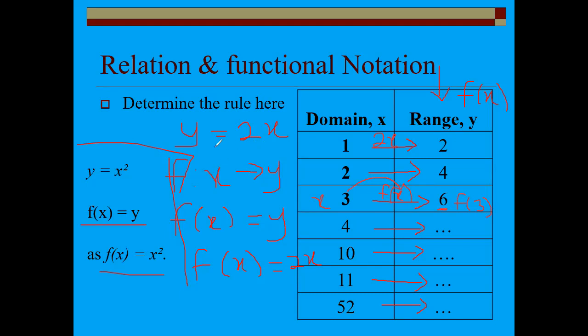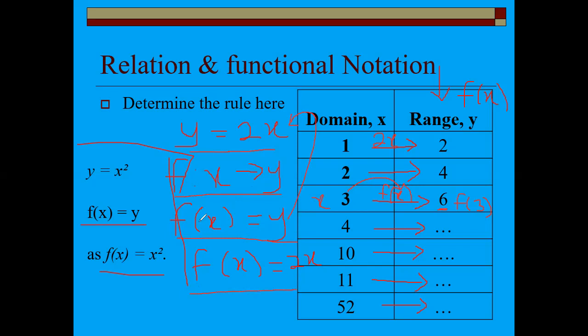So we are saying that if that is the case, then Y is equal to 2X. And as we are aware, the functional notation is F maps X to an image Y. So we can write F of X equals Y. And if Y is equal to 2X, then we can equally write that F of X is also equal to 2X.